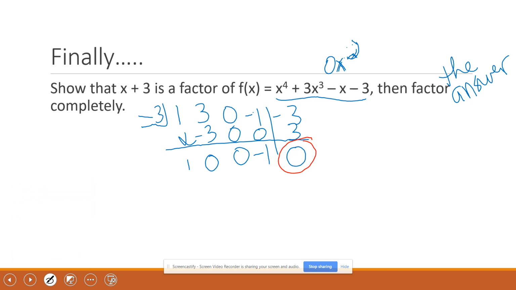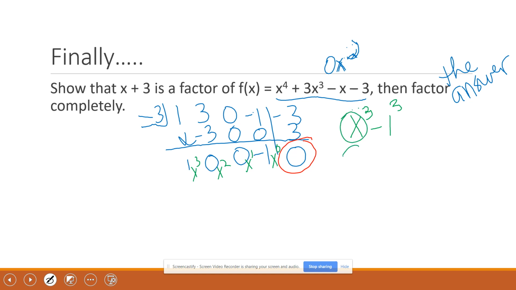Now we take the answer that we got from this division problem and factor it further if we can. Fill in my x values, x to the first, x to the second, x cubed. And so that answer is x cubed minus 1. X cubed minus 1. Well, this is a difference of squares formula. I'm sorry, a difference of cubes formula. Because 1 is a perfect everything, and the x to the third is that clue.